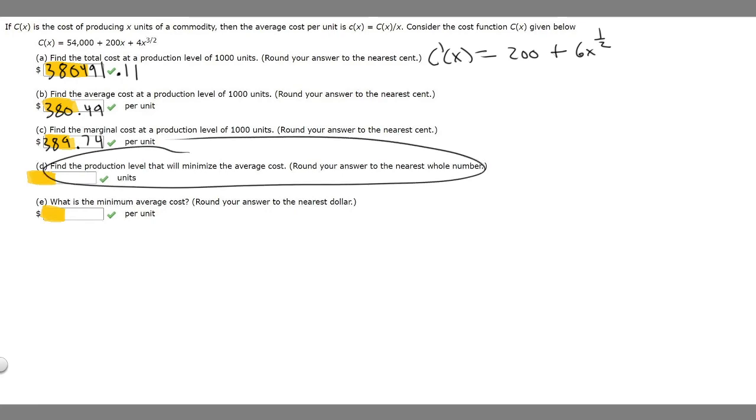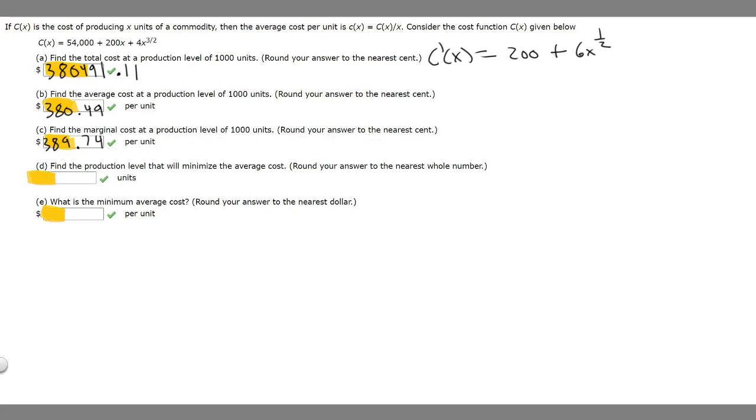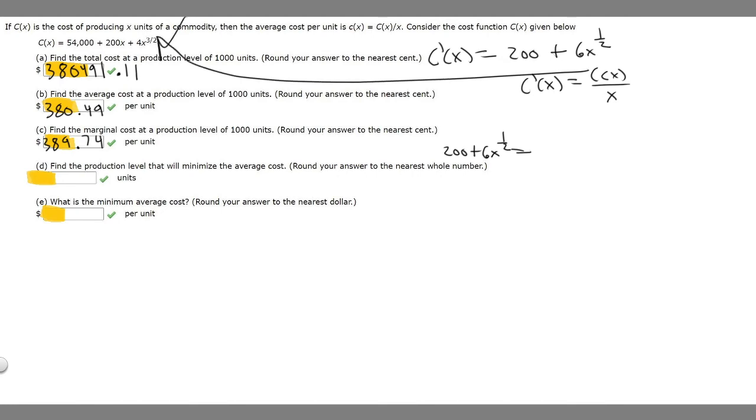Now we're trying to find the production level that will minimize the average cost. So in order to do this, what you want to use is the formula C prime of x is equal to C of x over x, and then we're going to solve for x. So C prime of x is equal to 200 plus 6x to the 1 half, and then C of x is going to be this function right here, and then we're dividing it by x.